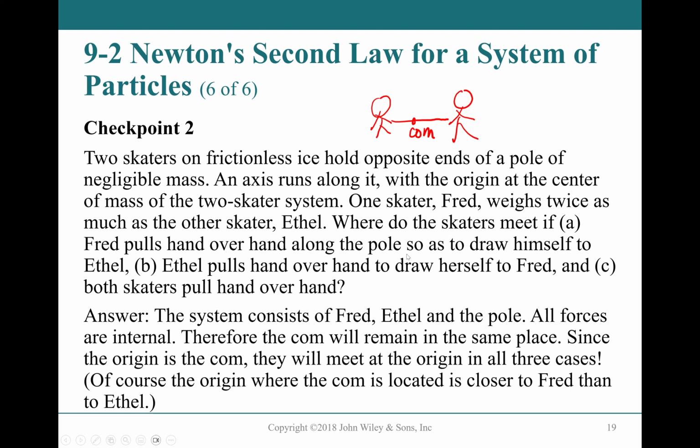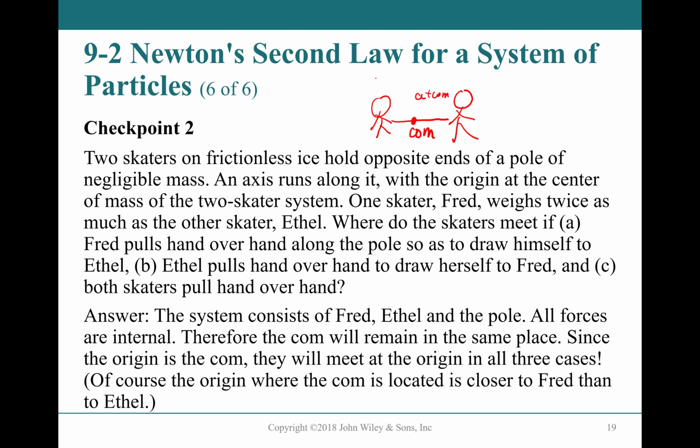See here, if you try to pull, they are going to meet here at COM. That's why it doesn't matter which one has a heavy mass.